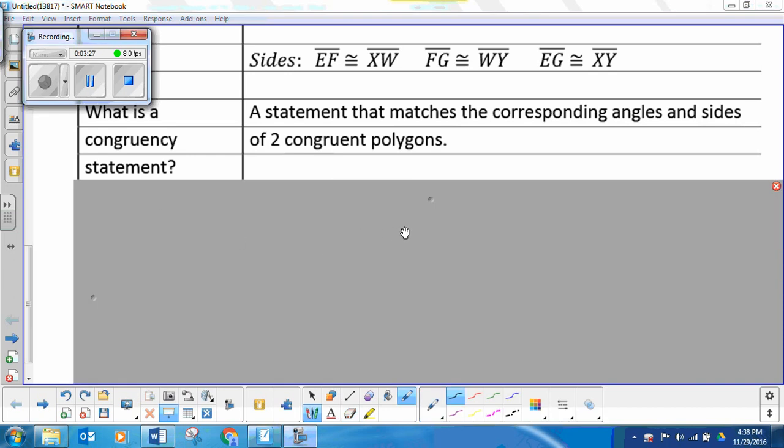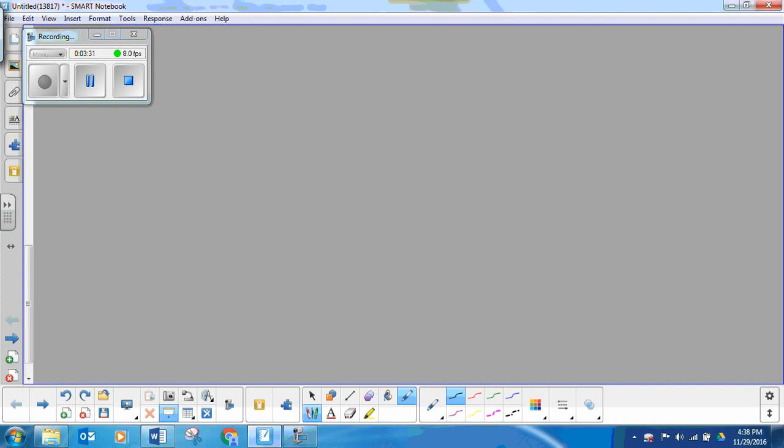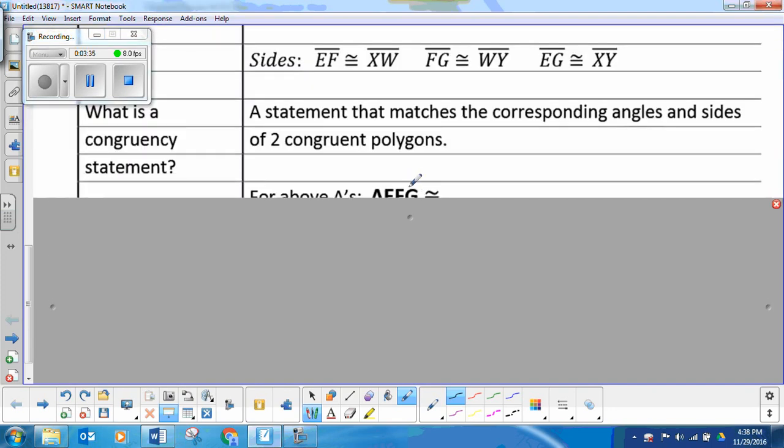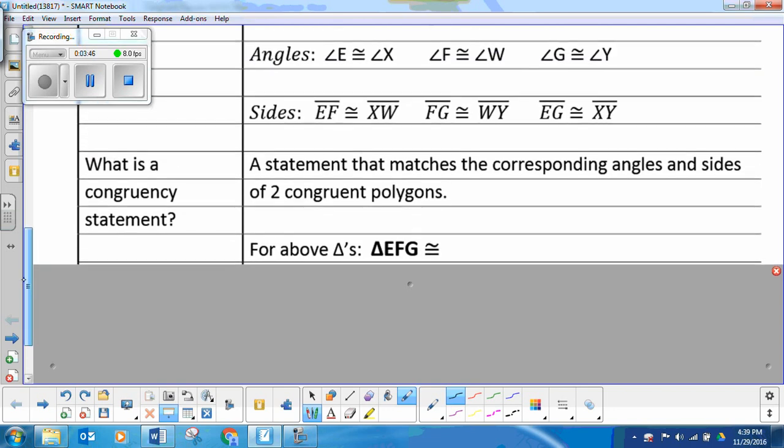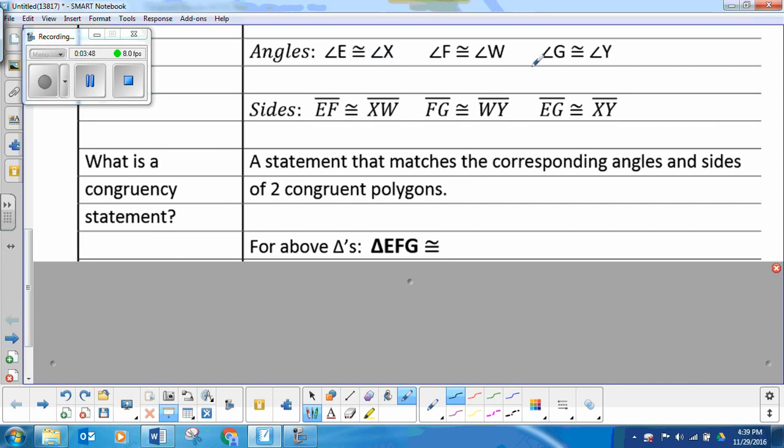All right, so we have a statement called the congruency statement, and just by having the statement, we know how to determine which of the sides or which of the angles of our triangles are congruent, or corresponding rather. So in our triangle above, we have the angles corresponding as such, we have the sides corresponding as such, and we're just going to go in the same order as the three letters provided to us to create our congruency statement.